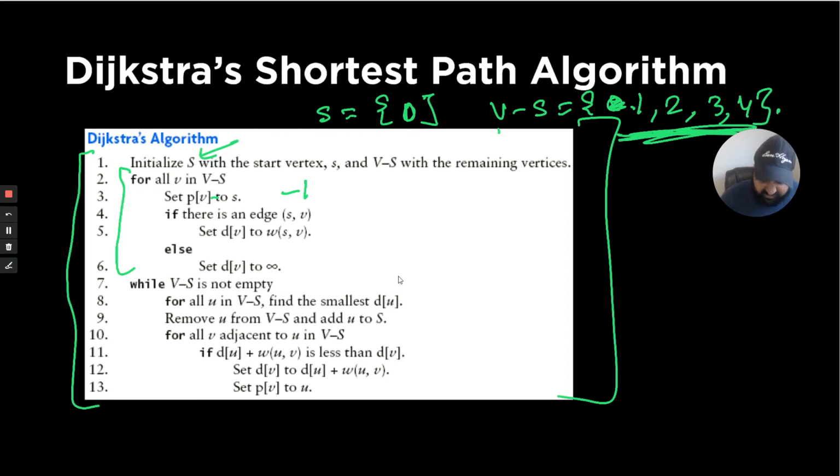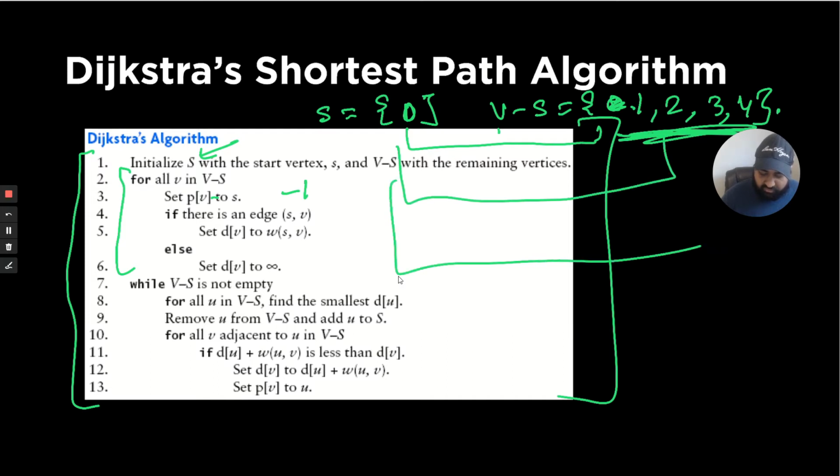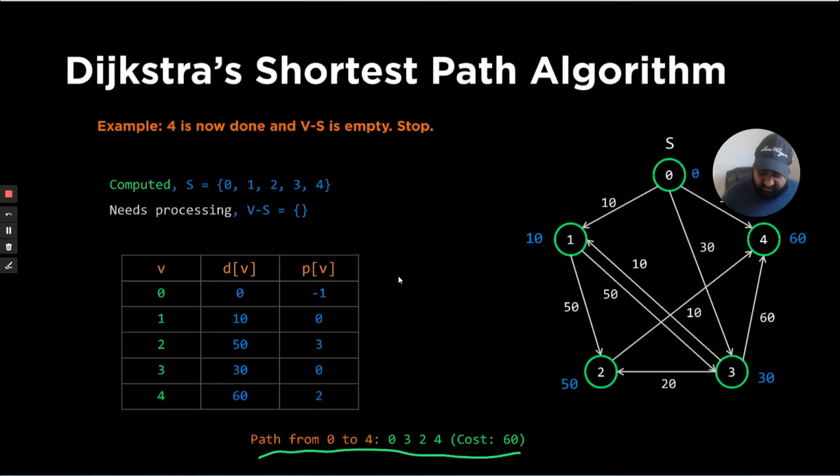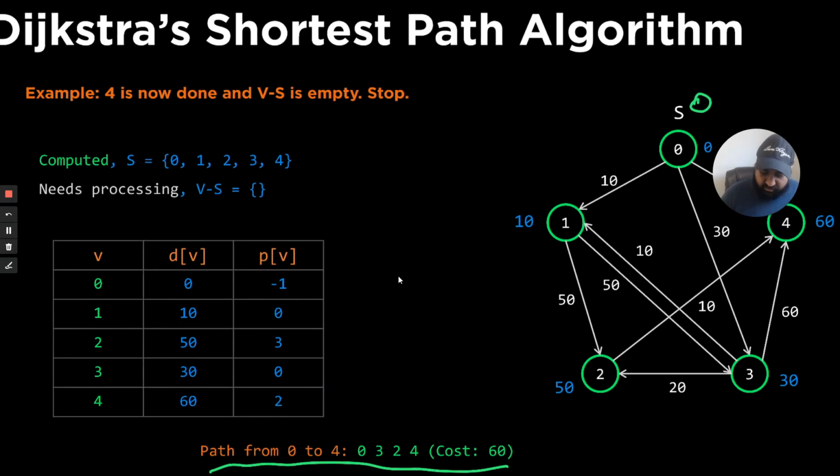Next, if there's an edge from S to V for each vertex, like if there's an edge from 0 to 1, from 0 to 2, 0 to 3, or 0 to 4, you initialize dv to the weight of that edge. Essentially, initially we had the source equal to 0 and all of these were infinities.